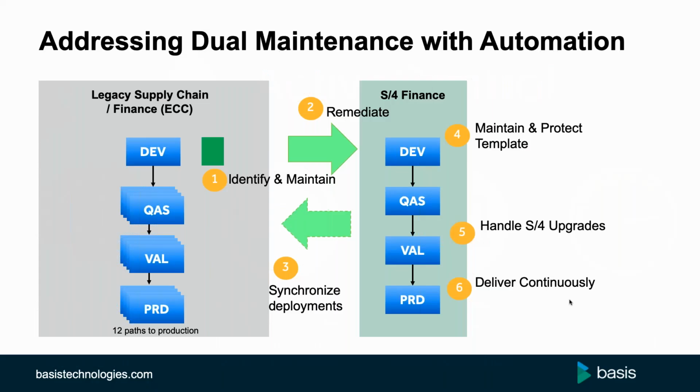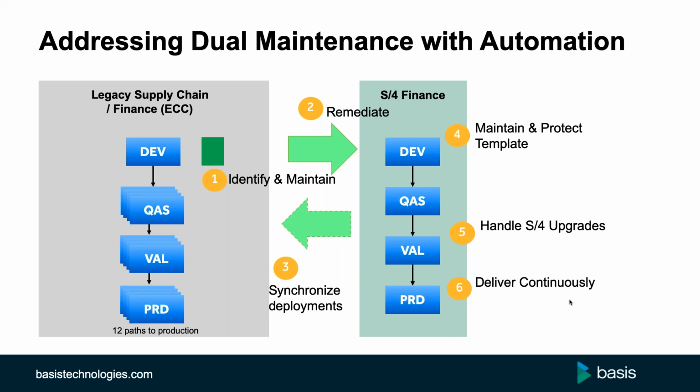So let's take a look at some of the key challenges in addressing dual maintenance with automation. On the left-hand side here, we have a representation of the existing, called legacy, supply chain and financial ECC landscape. This is the one-to-many landscape that has one development system feeding multiple paths to multiple production systems.